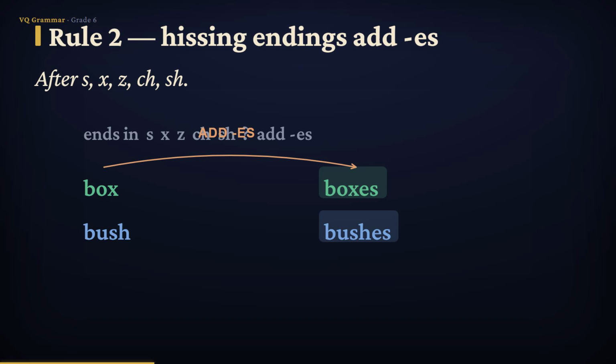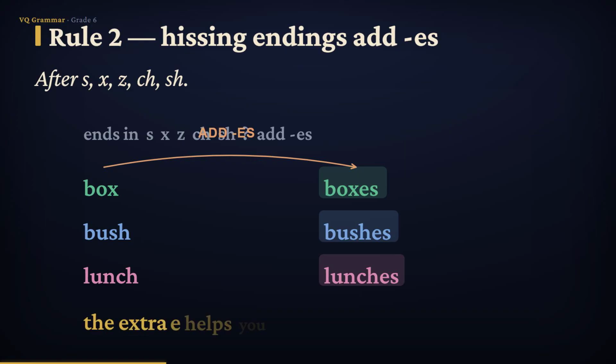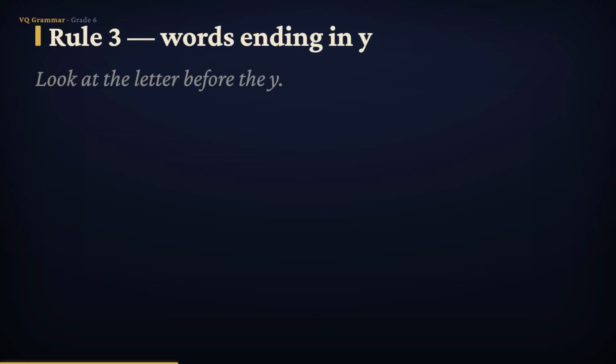Bush ends in SH, so it becomes bushes. Lunch ends in CH, so it becomes lunches. That extra E gives your mouth room to pronounce the ending. So if the word ends in one of those hissing sounds, reach for ES.